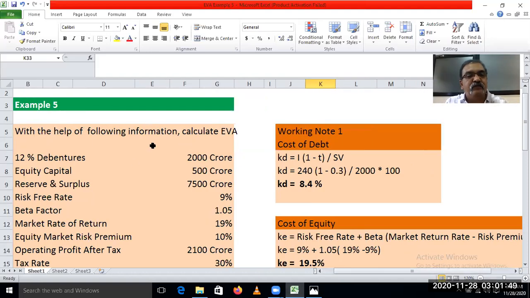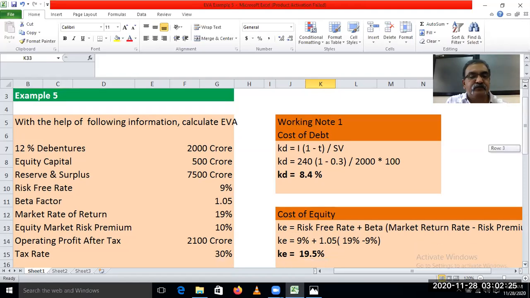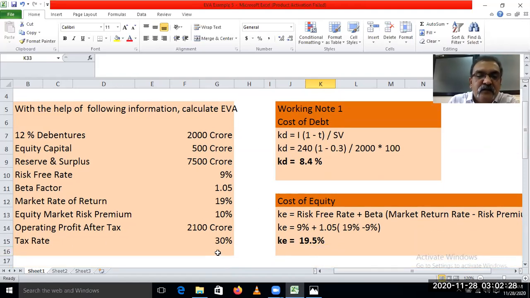So with the help of the following information, calculate EVA. Check out what is given below. 12% debentures 2000 crore, equity capital 500 crore, reserve and surplus 7500 crore, risk free rate 9%, beta factor 1.05, market rate of return 19%, equity market risk premium 10%, operating profit after tax 2100 crore, tax rate 30%.